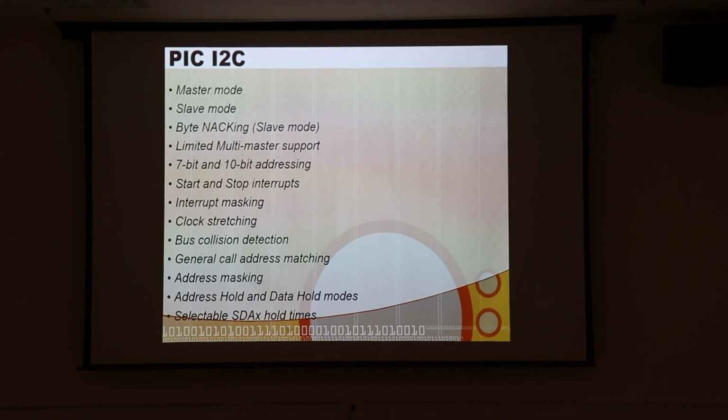If you get a not acknowledge, then you know the byte you sent to the slave didn't get there, so you have to send it again, and vice versa. It doesn't work as robustly for the slave, but if the slave is supposed to send a byte to the master and the master didn't get it, usually it just asks for it again. But the master is supposed to send an acknowledge bit to the slave. Anyway, you have the option of sending the acknowledge, an ACK or a NAC.